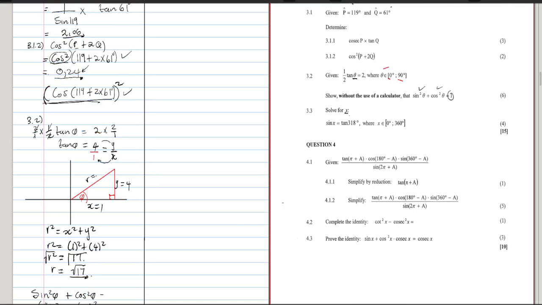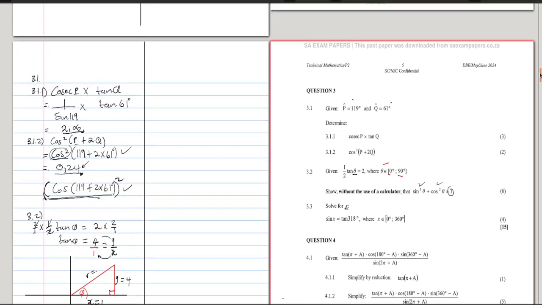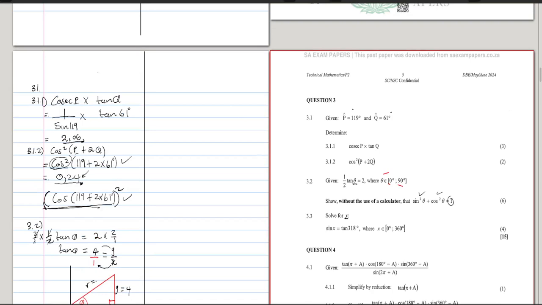Now it's time for solving for x. Solving x, question 3.3. Sine x is equal to tan 318 degrees.